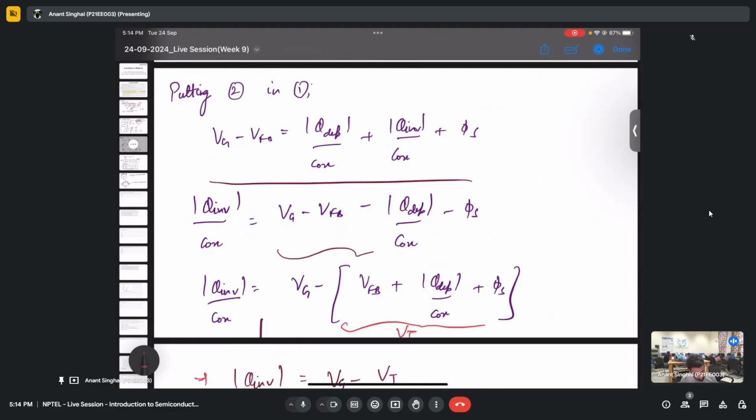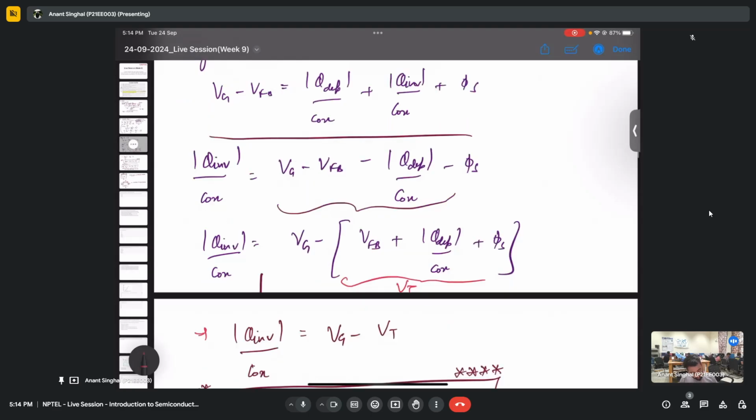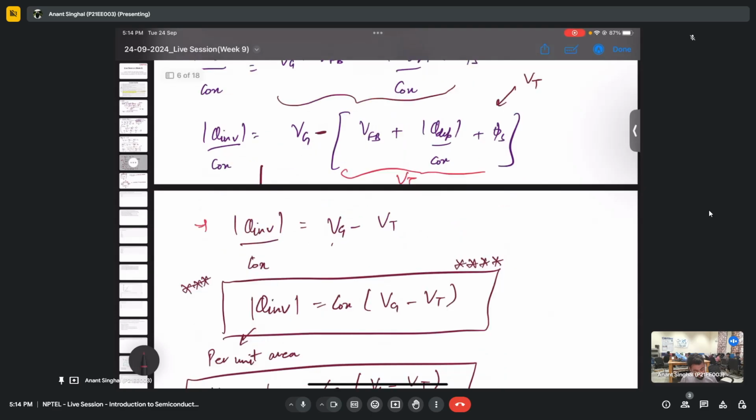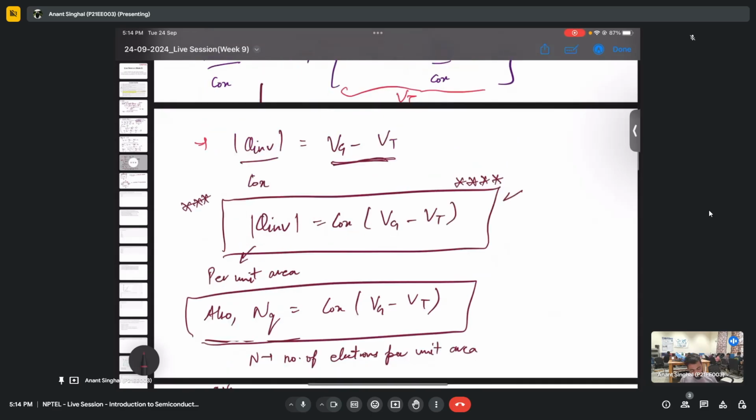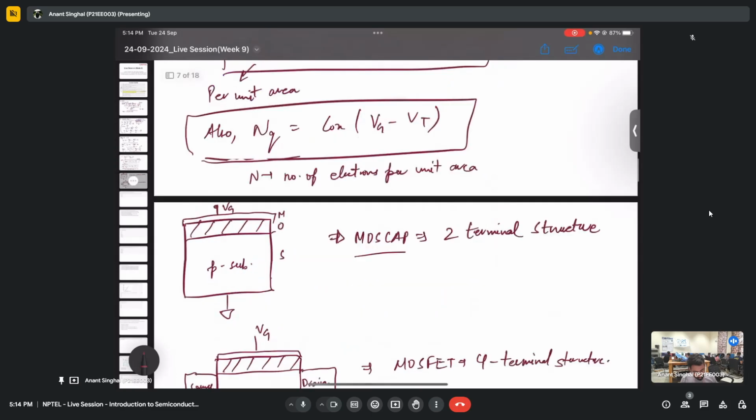Taking the minus sign common, this is nothing but the flat band voltage plus the depletion charge over Cox plus 2φ_F, which is nothing but the threshold voltage. So Q inversion by Cox is Vg minus the threshold voltage, and the inversion charge comes out to be Cox times (Vg minus Vt), which is per unit area. So this is the derivation of inversion charge that I have done till now.